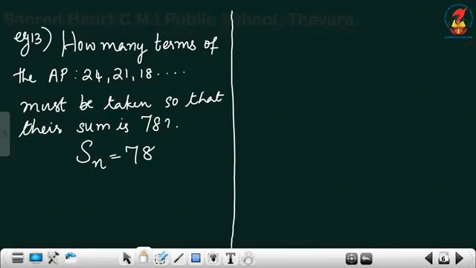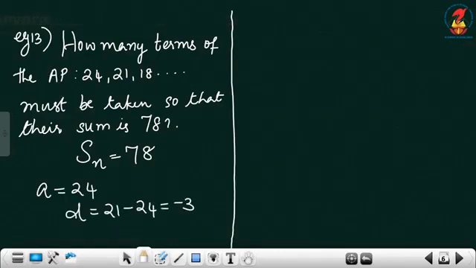What is given is Sn is equal to 78, a is equal to 24, d is equal to 21 minus 24, and we need to find n.